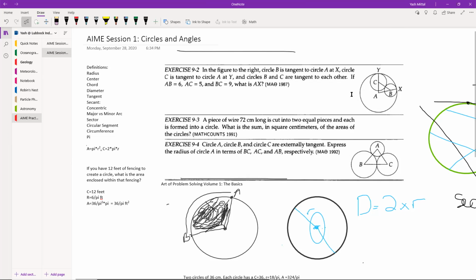So, all right, AB, it's literally from here to here. That includes the radius of B and some part of A. That's the first thing I think of.